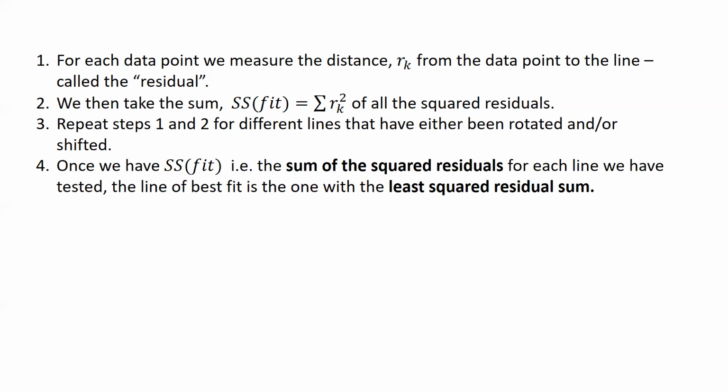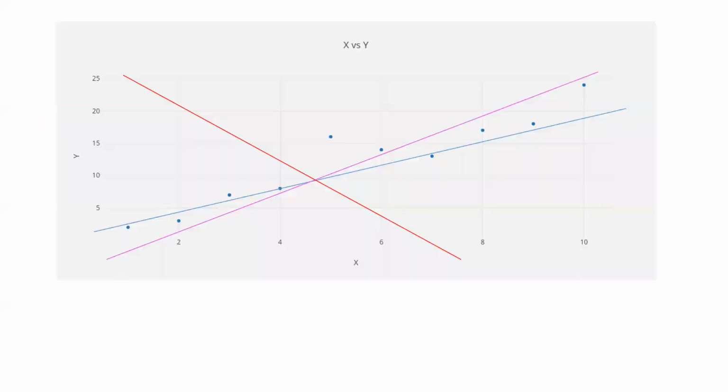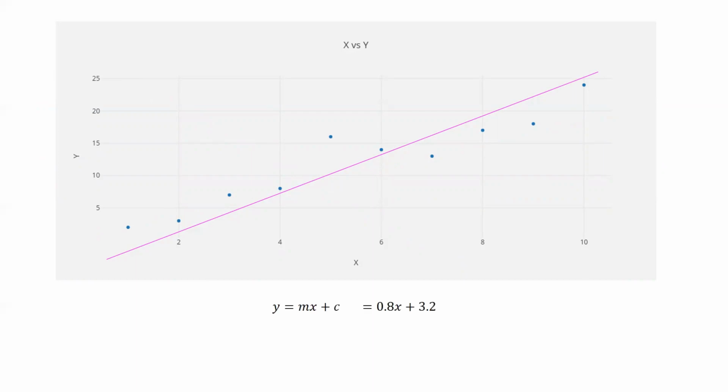So let's talk about this for a second. We have our SS fit for each line, so this is something we can compare amongst all of our lines. We're going to use a method called linear least squares to determine which was the best. So again, here are our three candidate lines, and let's just say that this is our best from SS fit.